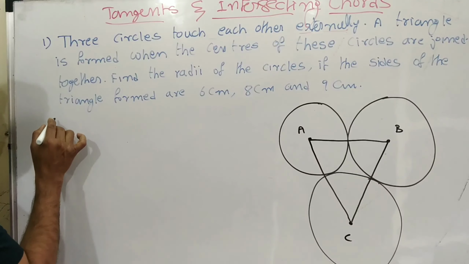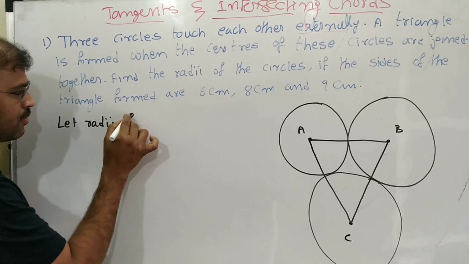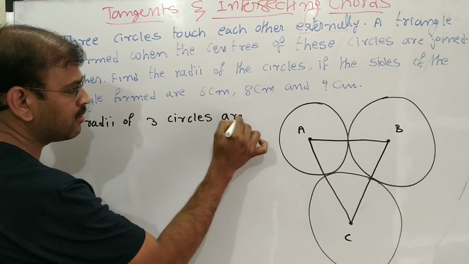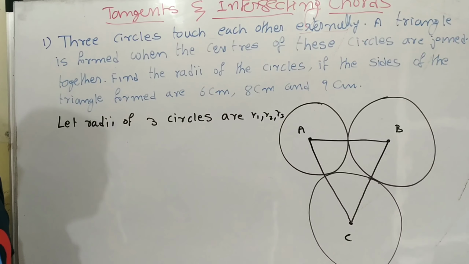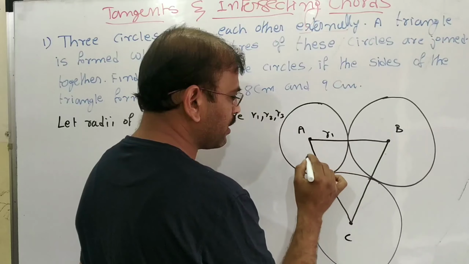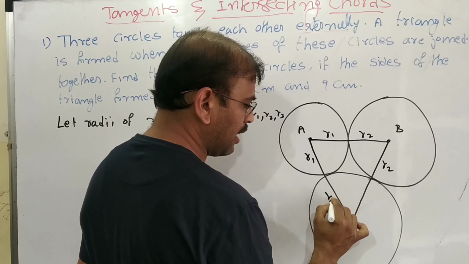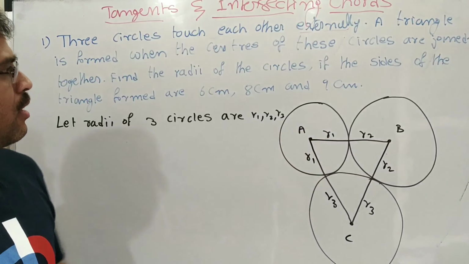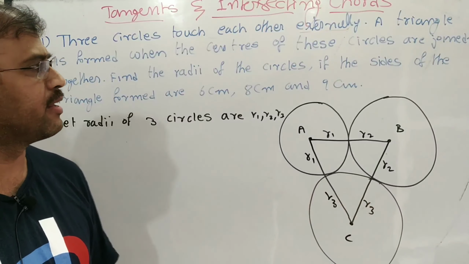Now what I am going to do: let the radii of the three circles be R1, R2, R3. So this I am considering as R1. This also will be R1, R2, R2, R3, R3. So the radii of the three circles R1, R2, R3 I have considered.